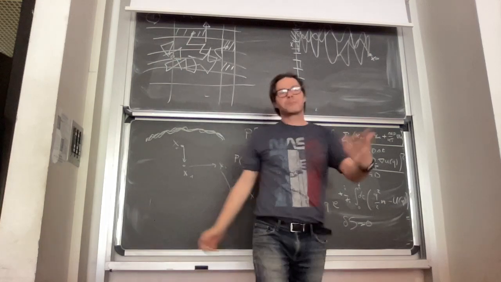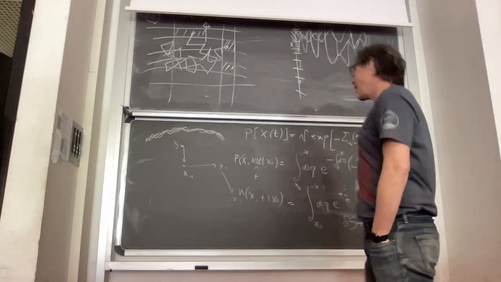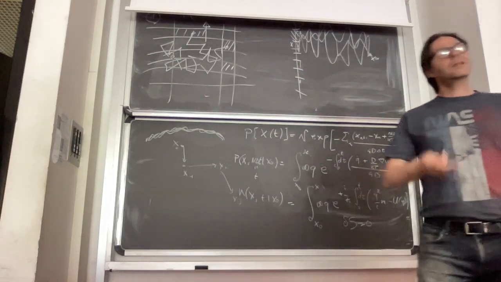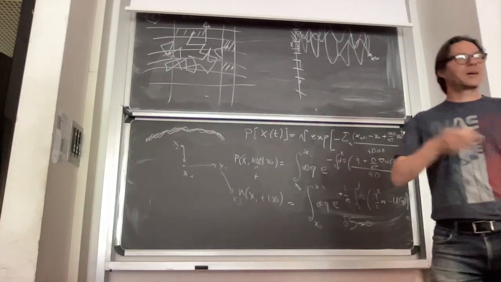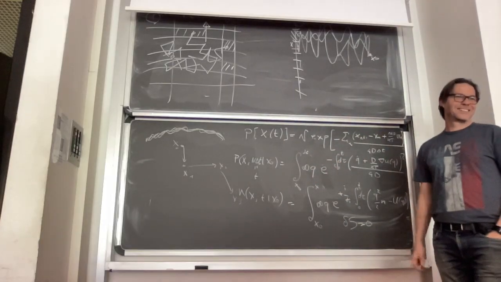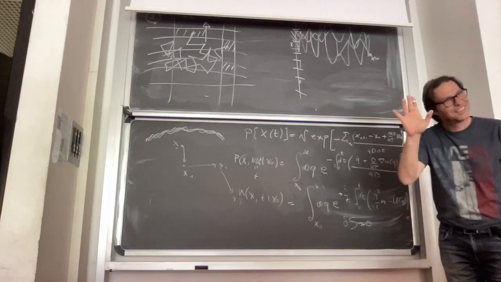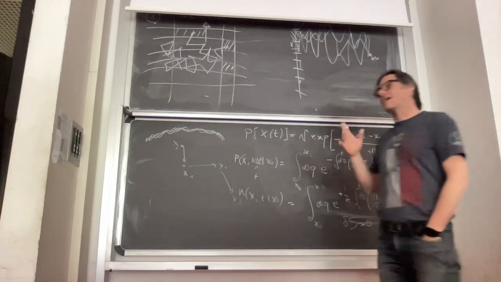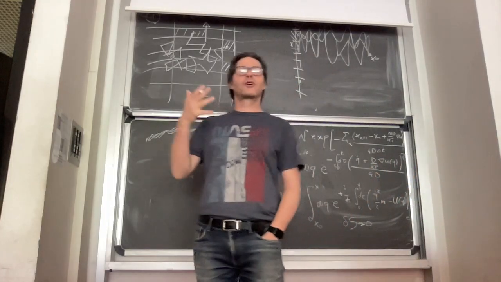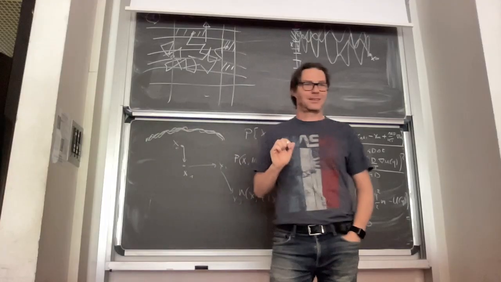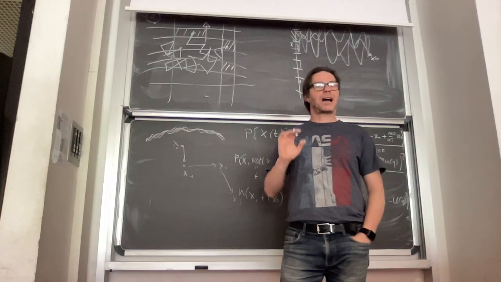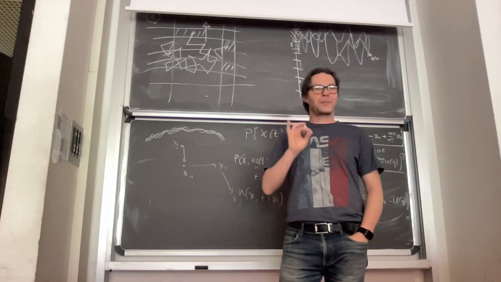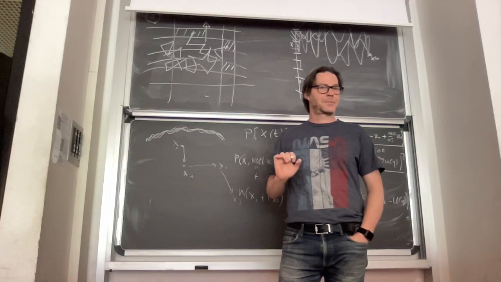Now think about a different problem. You're asking now the question, what is the most likely way people go from A to B? Only to B. Now, I'm not interested to ask the question, where do people most often go after 10 steps starting from A? I'm actually asking the question, how do people get from A to B in these steps?